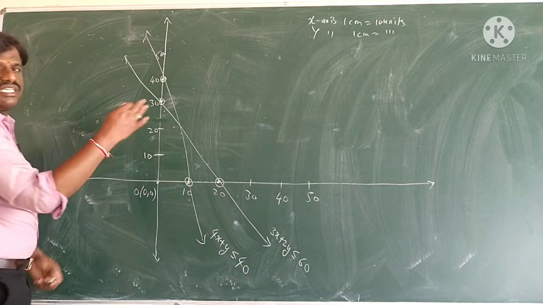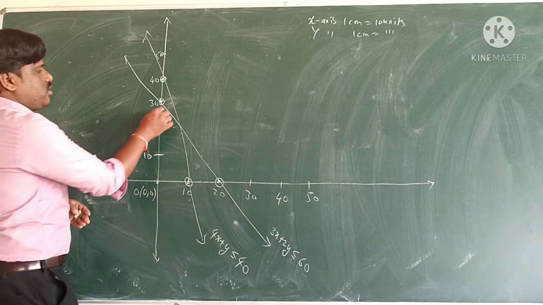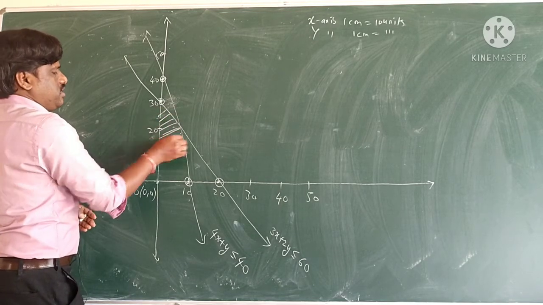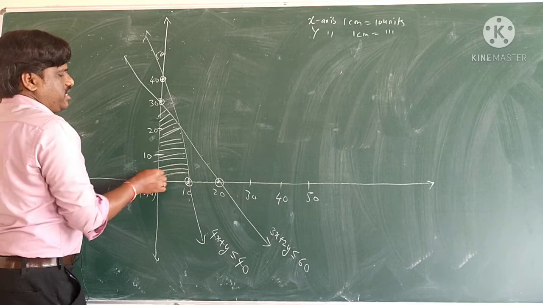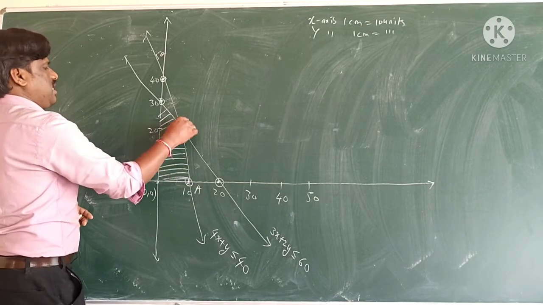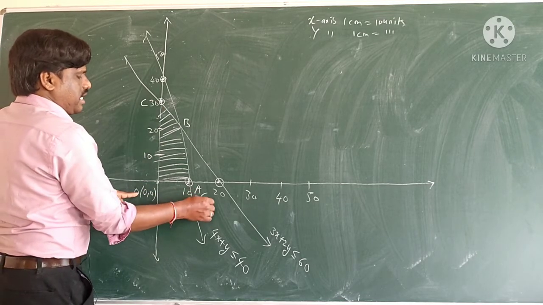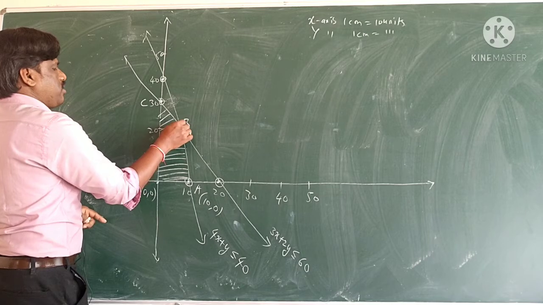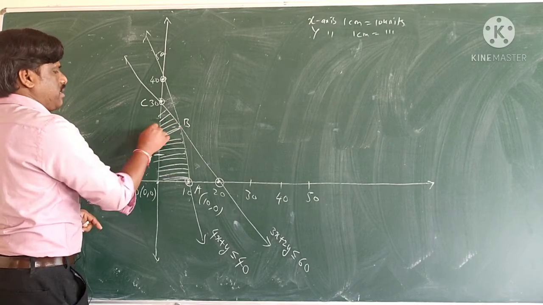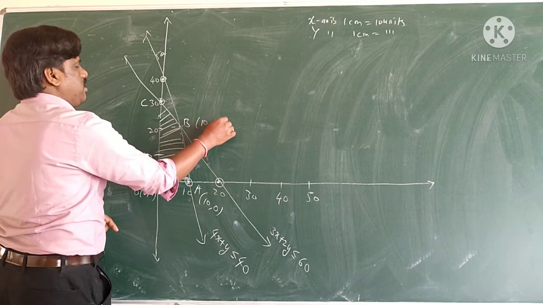See here, if you draw this graph, both on the origin side, you will get this as the feasible region. So this is O, A, B, C. O is the point 0 comma 0, A is the point 10 comma 0, and B I think is 10 comma 20. 10 is down, you go vertically to 20, so 10 comma 20.